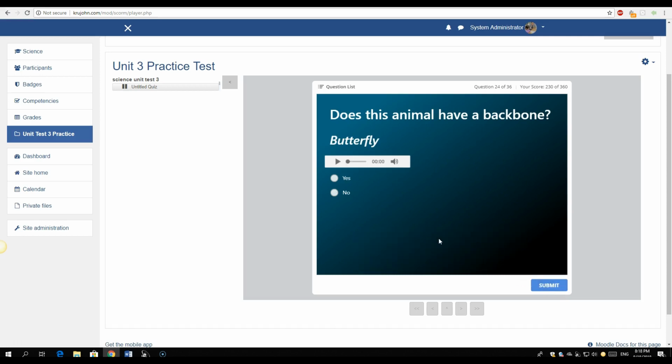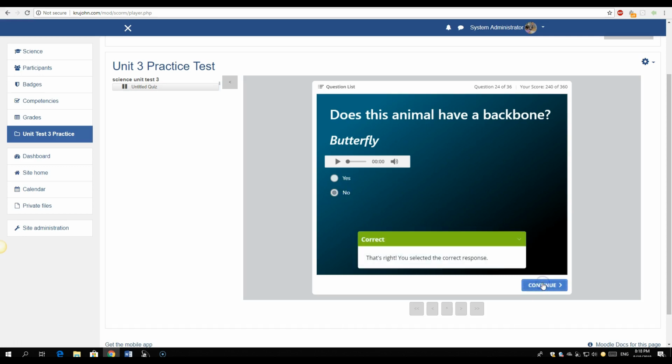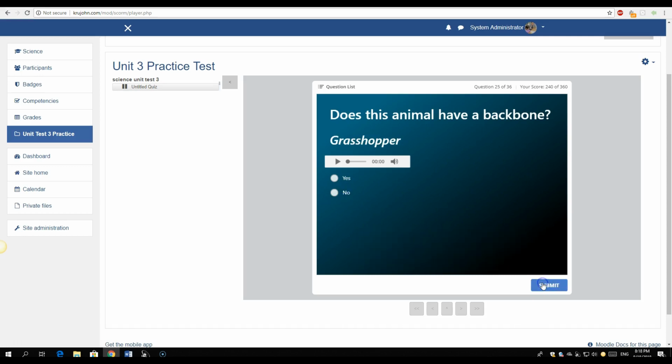Butterfly. Butterfly is an insect. Insects do not have backbones, so no. Grasshopper. A grasshopper is an insect. Insects do not have backbones, no.